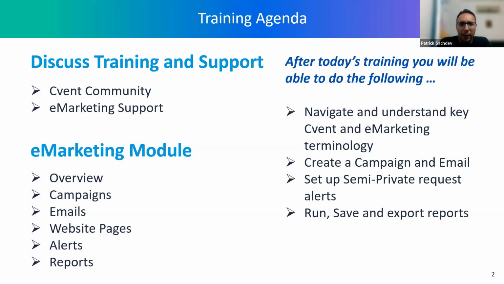You'll be able to create campaigns and emails. You can set up distribution lists or contact groups to associate to your campaign. Apart from that, you are able to set up semi-private request alerts. We will go through that and you'll be able to understand better momentarily what a semi-private request is. And of course, you would be able to run reports, save them, and export them to Excel if needed.